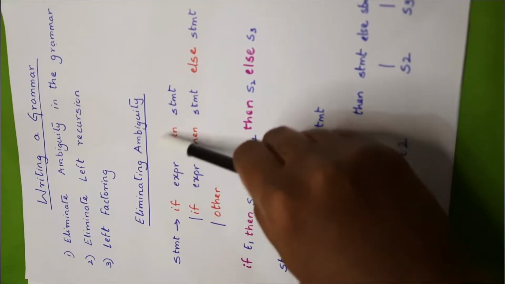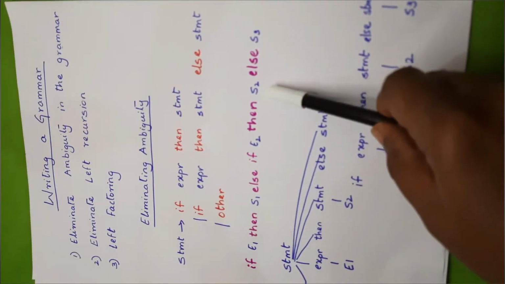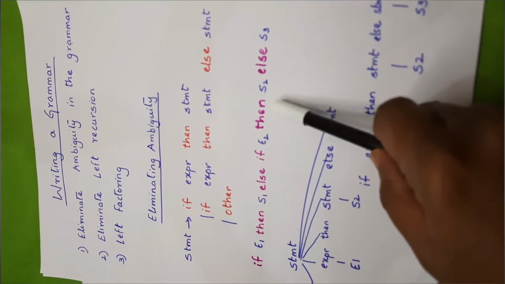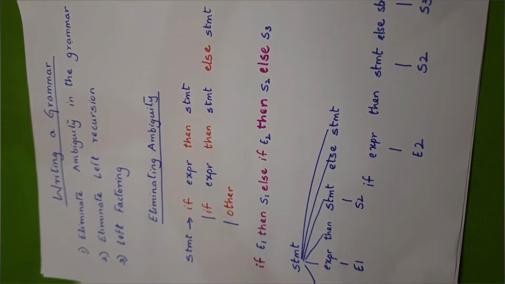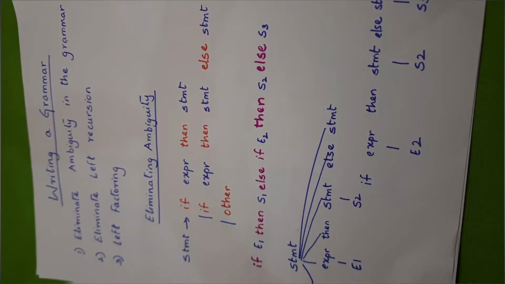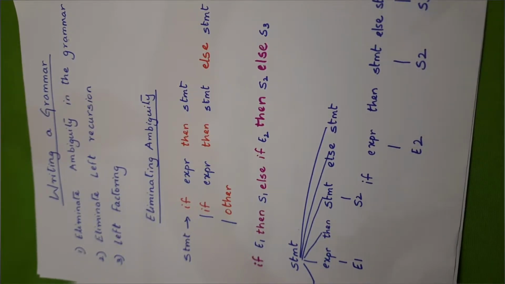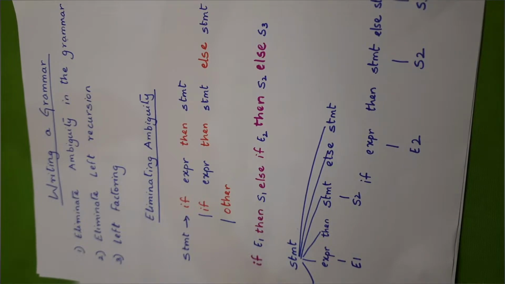So what is ambiguity? Given a grammar and a sentence, if we are able to generate two or more parse trees for the same sentence using the grammar, then we call the grammar ambiguous. Now we will consider this grammar which is used for the if-else statement.